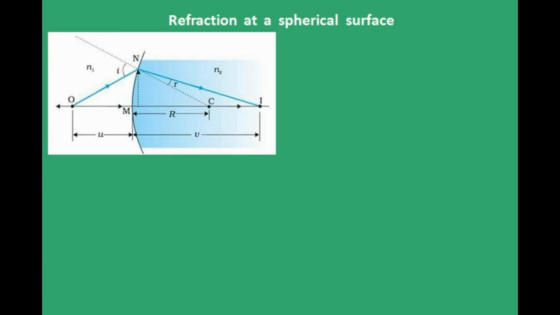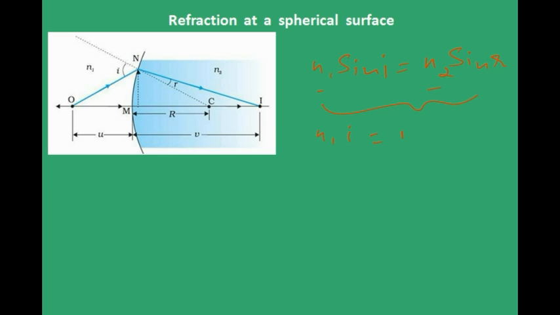Let us apply Snell's law now. Snell's law says that N1 sin I, N1 is the refractive index of the first medium, is equal to N2 sin R, N2 is the refractive index of the second medium. Both are with respect to air, and their ratios can be given in this way also. This is Snell's law. So if I and R are very very small, I can take that sin I is nothing but I. So what did I get?